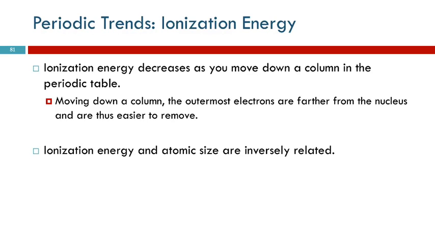So the force of attraction between them is going to be weaker than between two opposite charges that are closer together. So if we have a positive and a negative that are close together, or a positive and a negative that are far apart, which one has a stronger attraction? The ones that are close together. Okay, so the electrons of small atoms are held more tightly than the electrons of large atoms.